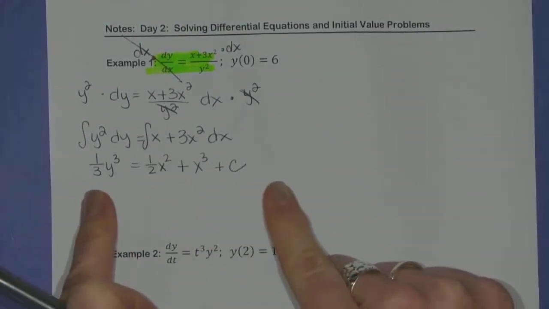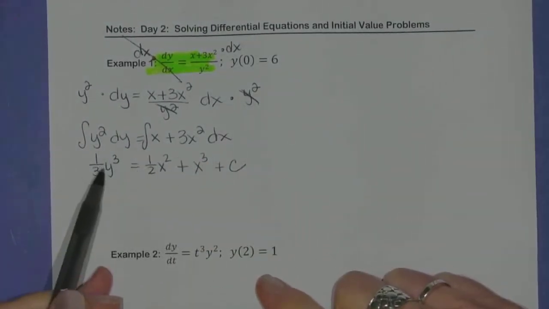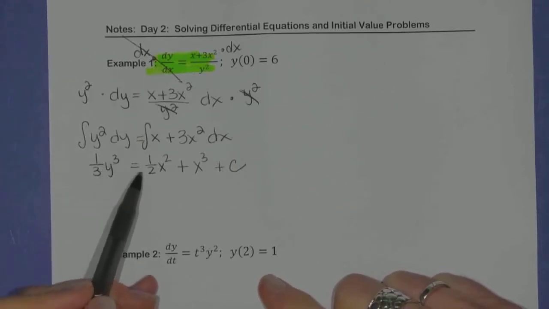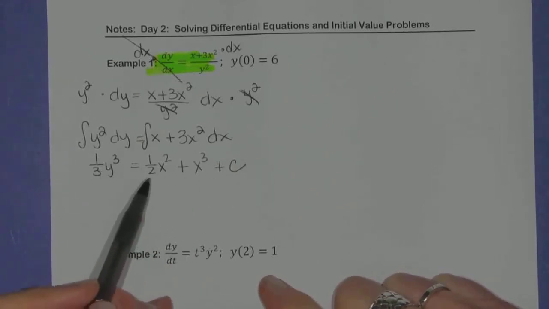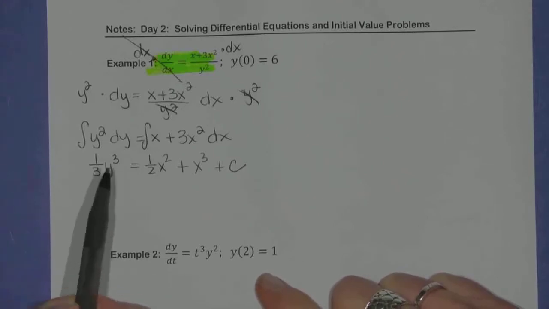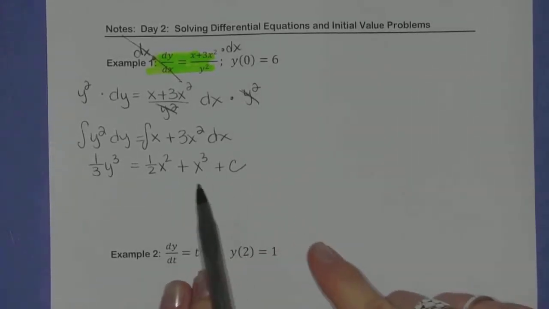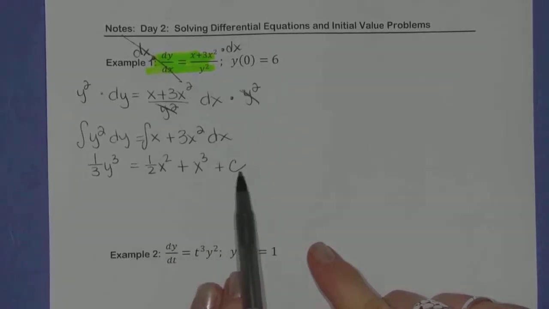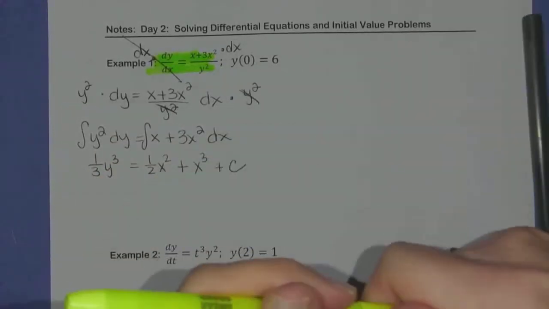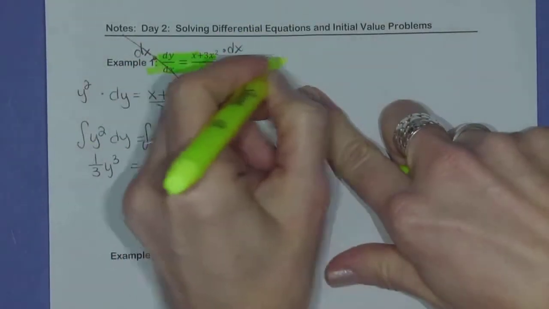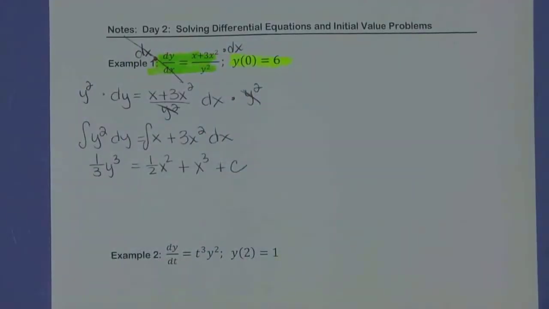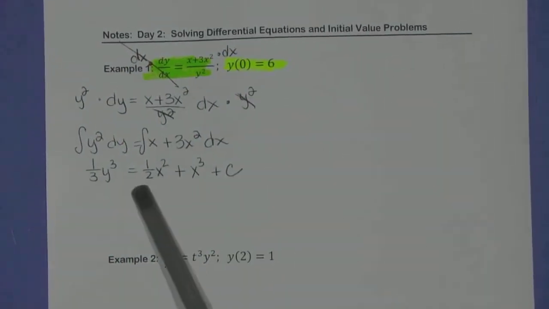Now what makes this a little bit more challenging is we don't just simply have y equals. So we're going to have to do some work a little bit later to get y alone. But what I want to do first is find c. I like to find c right here. So I'm going to use my initial point up here, y(0) = 6, and plug those values in right here.